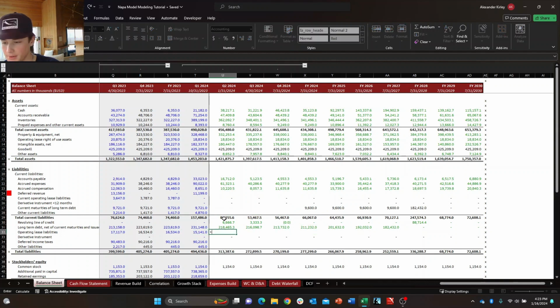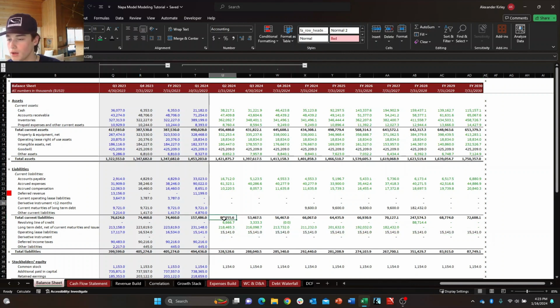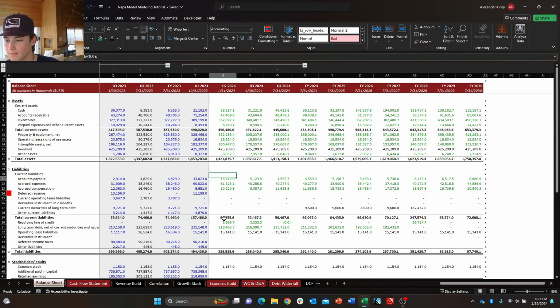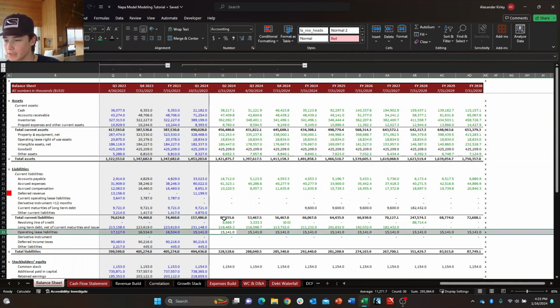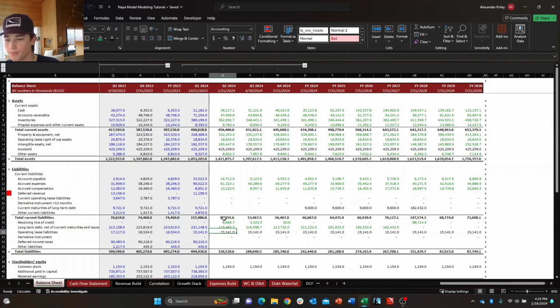For operating lease liabilities, we're going to keep that because it's corresponding to our asset side as well under our, where is it? Maybe I already inputted it here. Oh, under our operating lease right of use assets, we can see it here, right? It's 18. Then we have 15 here plus our 3.7. So that'll net out in itself.